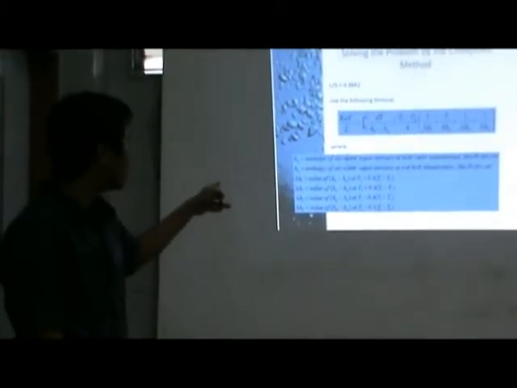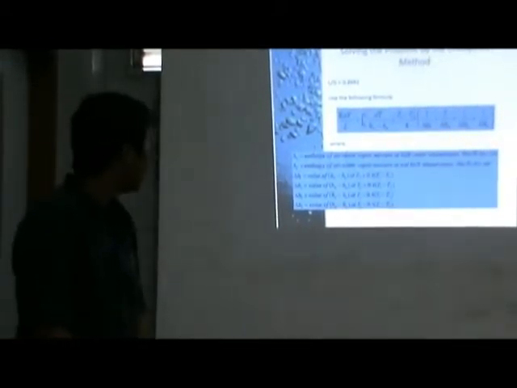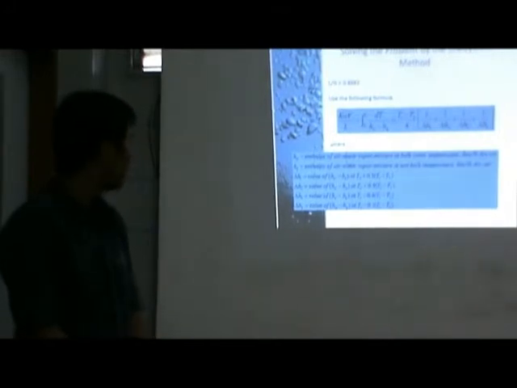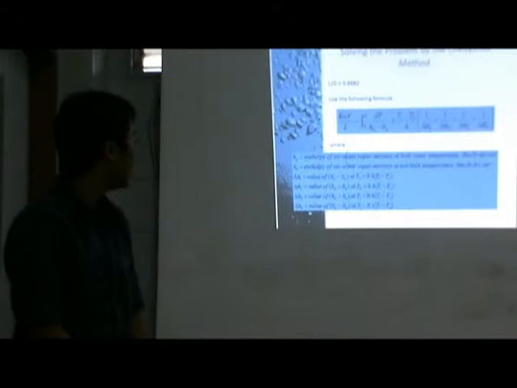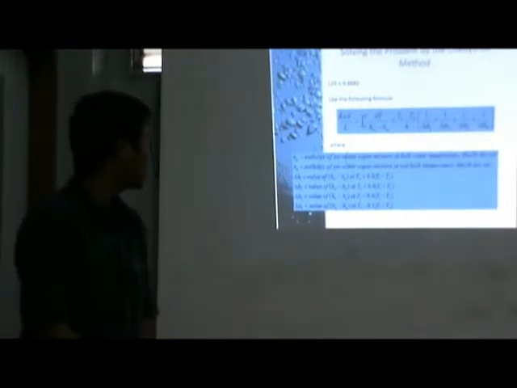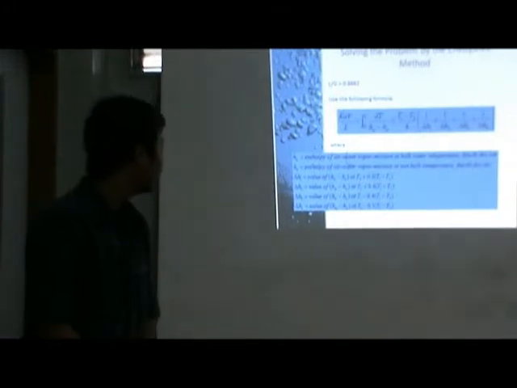The variables are as follows. HW is the enthalpy of the air-water vapor mixture at hot water temperature. Then HA is the enthalpy of the air-water vapor mixture at hot water temperature.